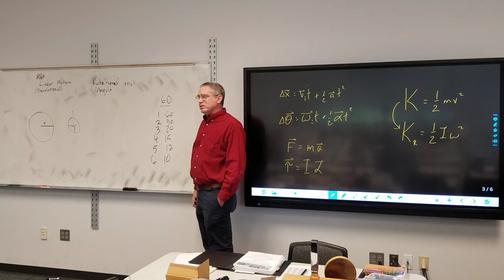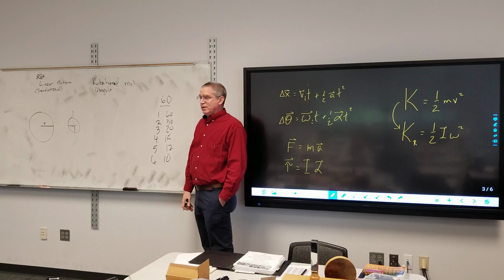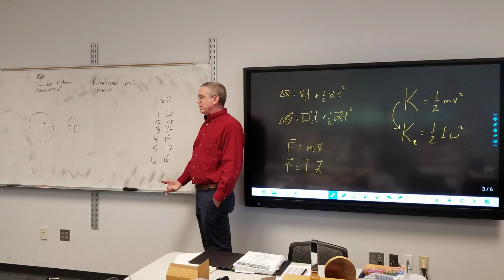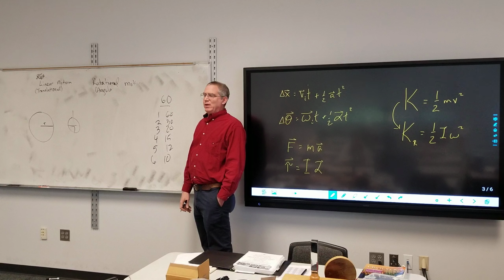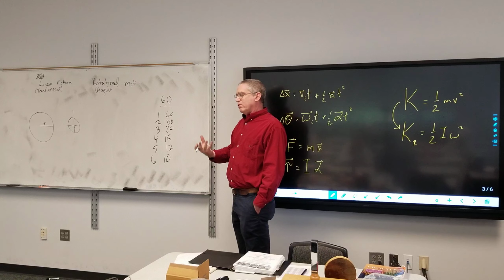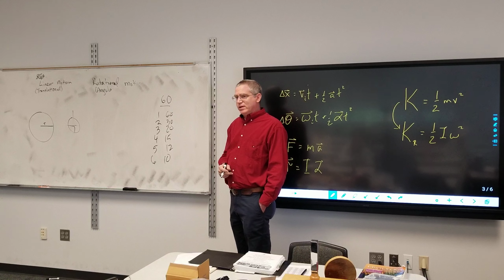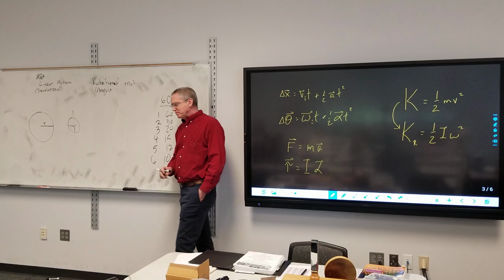It's divisible by a bunch of numbers. So the Babylonians figured 60 was a special number for them. They had a base 60 system.